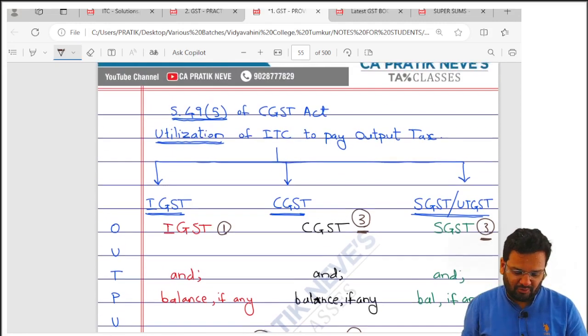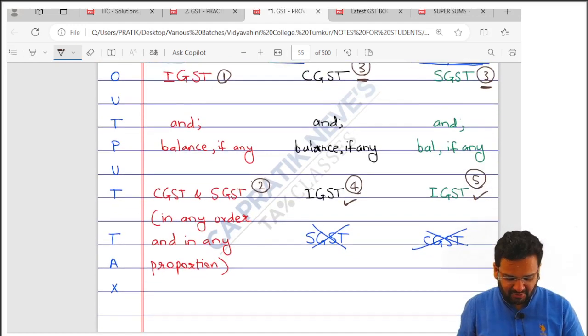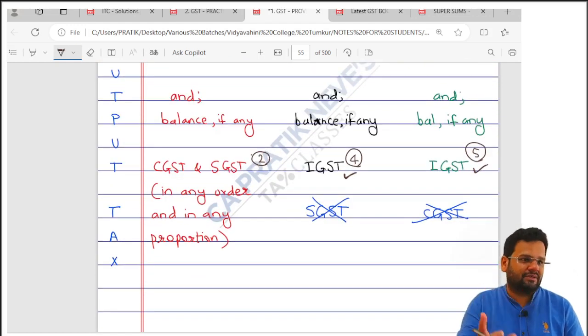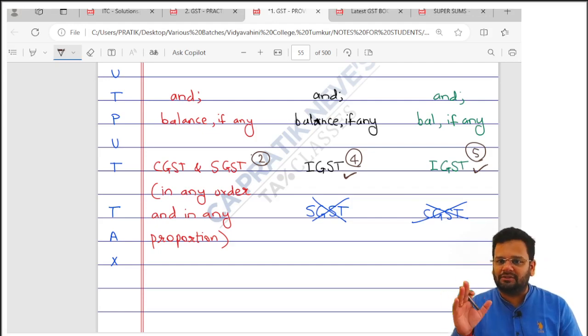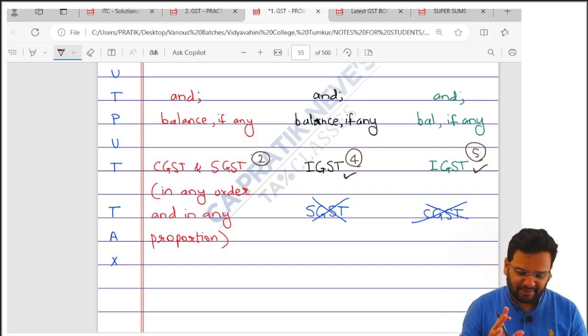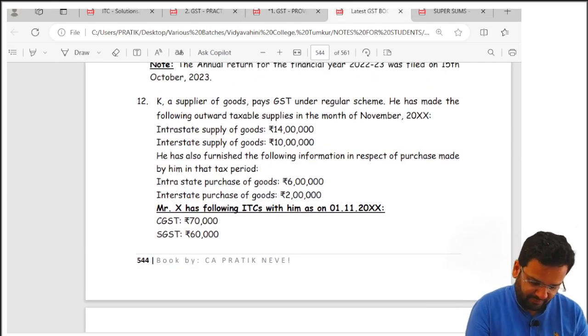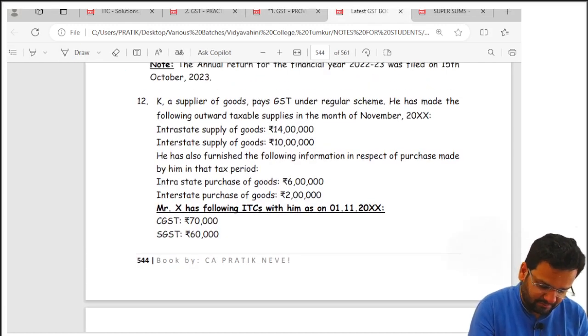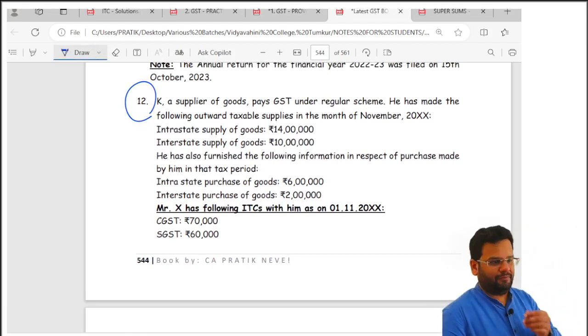Okay, so hope you have taken this. If you have taken this, let's go to 4 to 5 questions. Now this opens the opportunity of solving many questions of GST. See, go to question number 12 in the ITC topic.